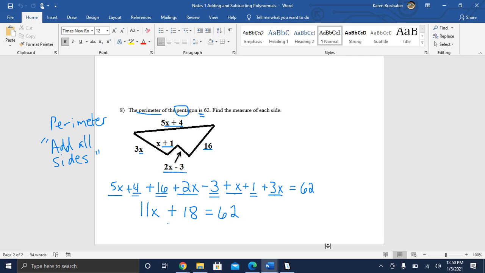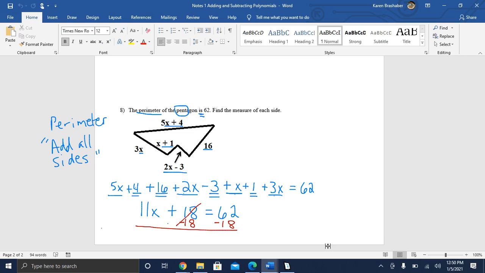Now we're going to do a little review of solving equations. You want to have the 11x be by itself on one side of the equal sign. So we'll do the opposite of adding 18, which would be to subtract 18 from both sides of the equal sign. So you have to think of that as staying balanced.